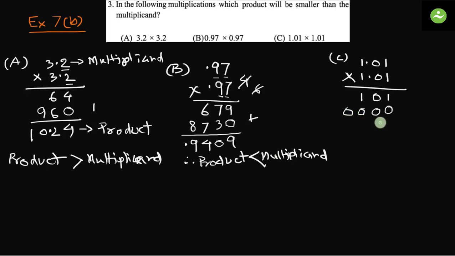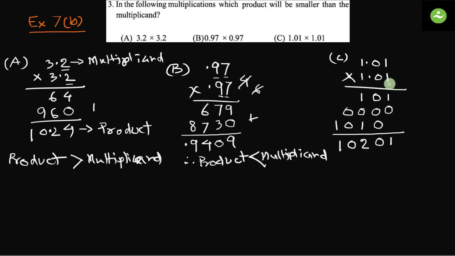Put another 0 here. Then multiply by 1. 1, 0, 1. Add: 1, 0, 1 and 1, 2, 0, 1.